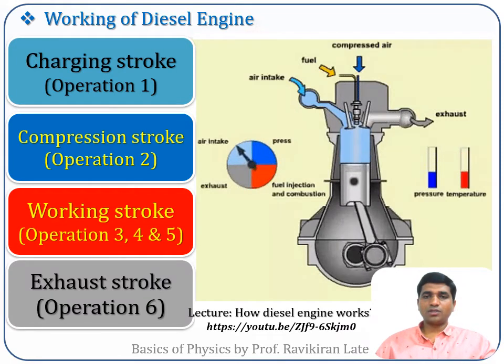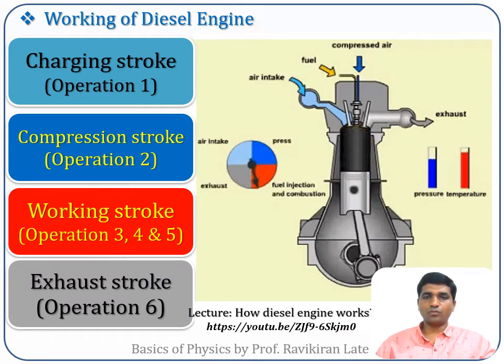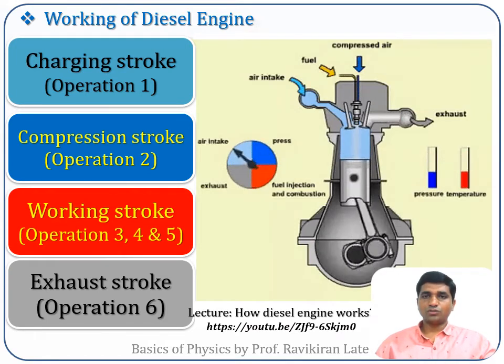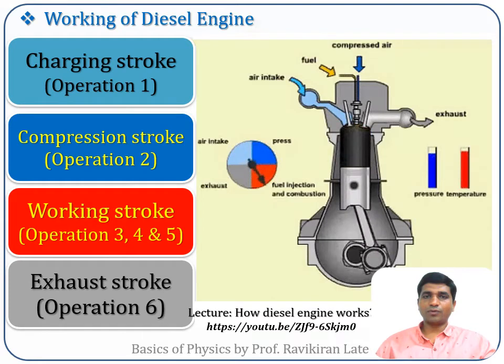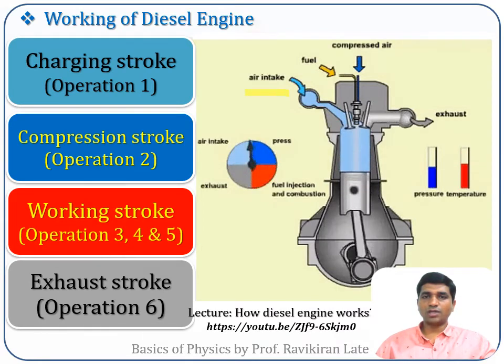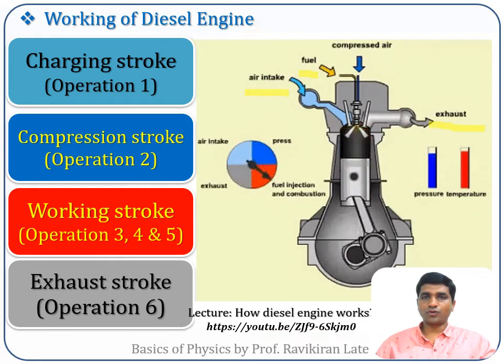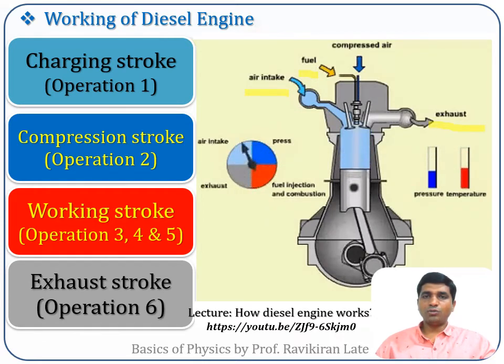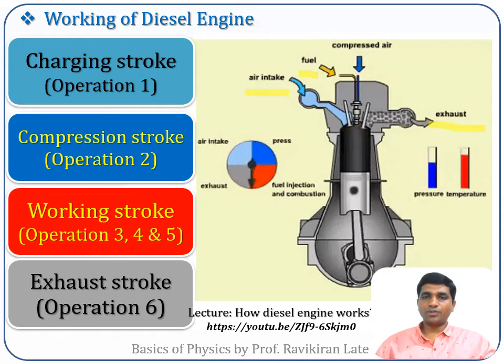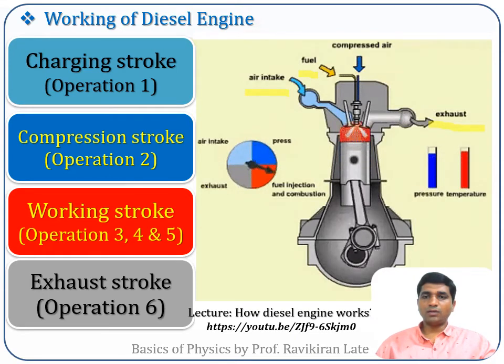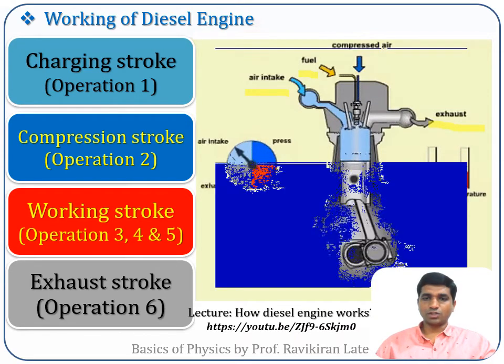During this the piston moves in four ways, which is why it is called a four-stroke engine. You can see in this type of engine you have three valves, I1, I2 and I3. The I1 valve is used for air, the I2 valve is used for oil or fuel, and the I3 valve is used for exhaust.